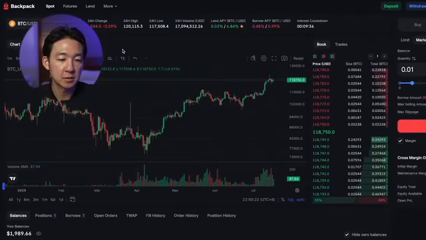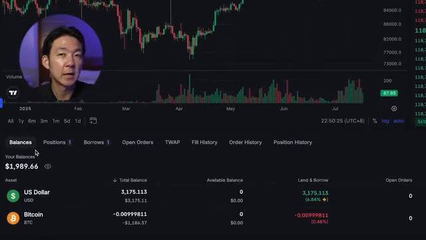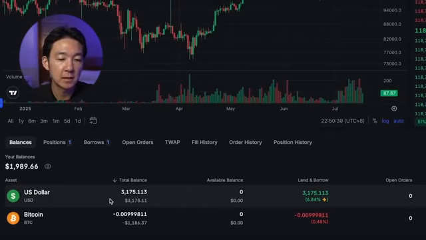Let's check the positions now. And my balance has changed. Now my USD is about 3,200. We started from about 2,000, right? So I sold Bitcoin on margin. So I have more cash, but Bitcoin is negative, about 0.01 Bitcoin.